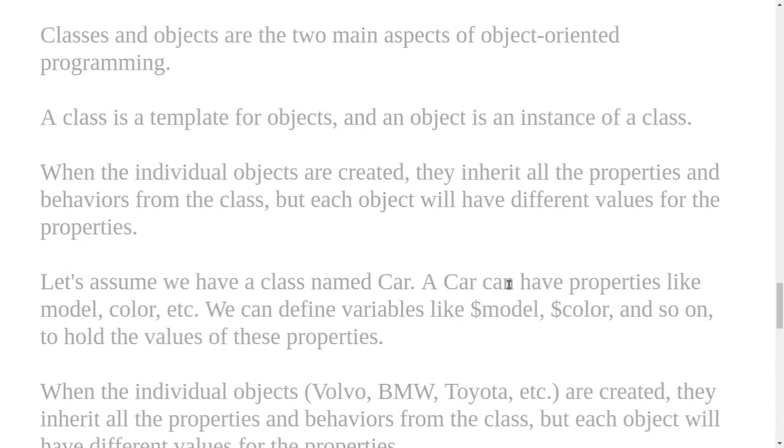A car can have properties like model, color, etc. We can define variables like $model, $color, and so on, to hold the values of these properties.